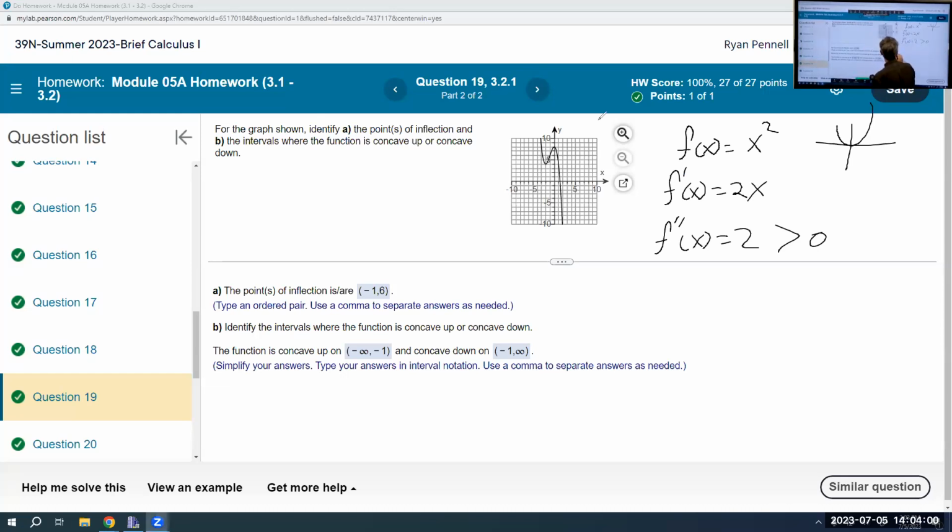Okay, let's switch. g of x equals negative 2x squared. What does that look like? Looks like this. Down is a frown. Take the derivative: g prime of x equals negative 4x.